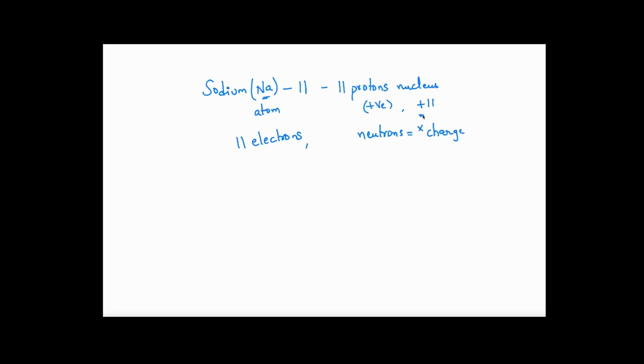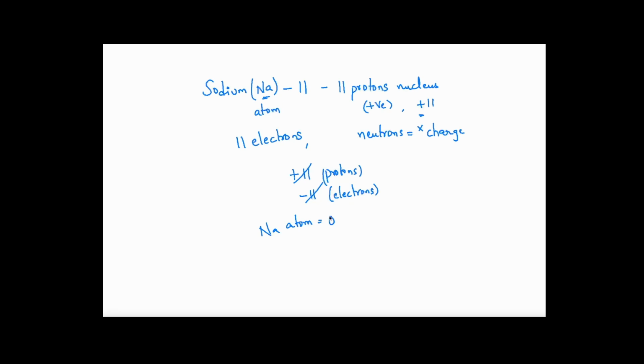So now if we see, we have plus 11 because there are 11 protons, and minus 11 because of 11 electrons. So again these both cancel, and the sodium atom is also neutral, or it has a total charge of 0.